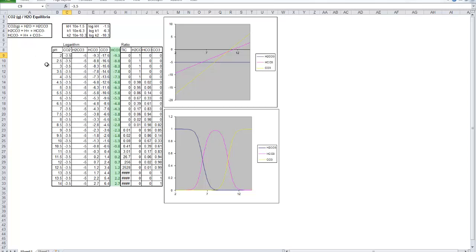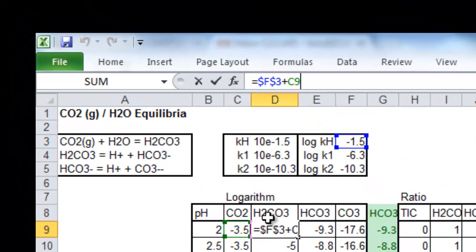And if we click on the equation that's written there, you can see that's what we've got. What we're working out is the log H2CO3 concentration, and that's equal to log KH, which is minus 1.5, plus C9, which is the log CO2 concentration.